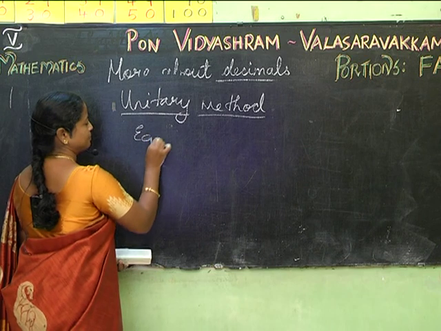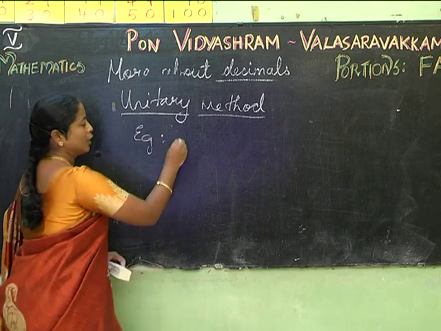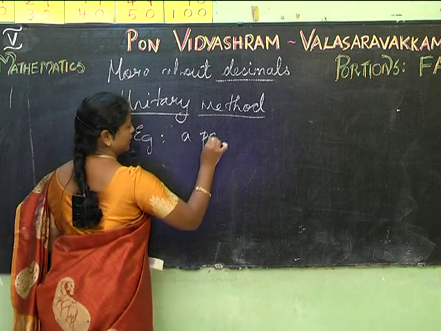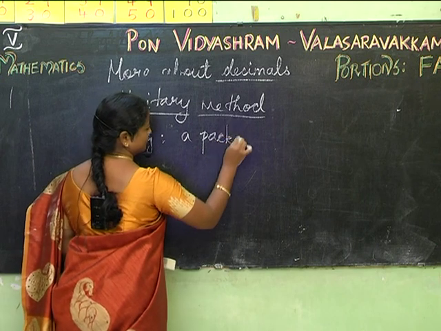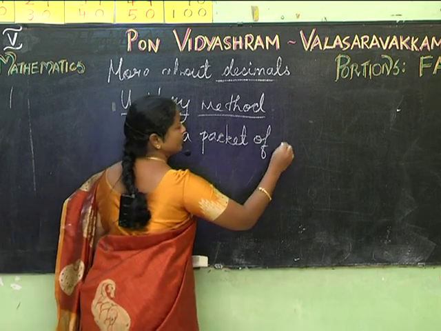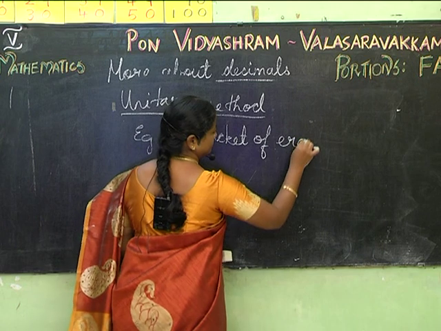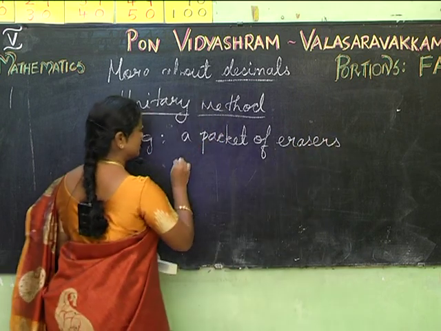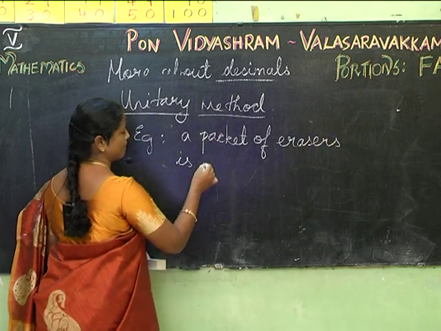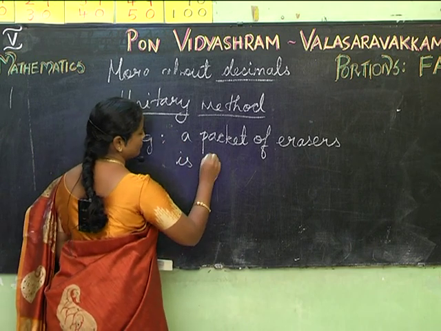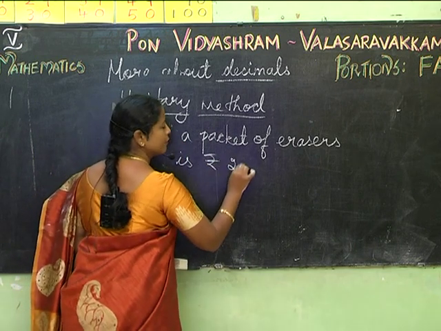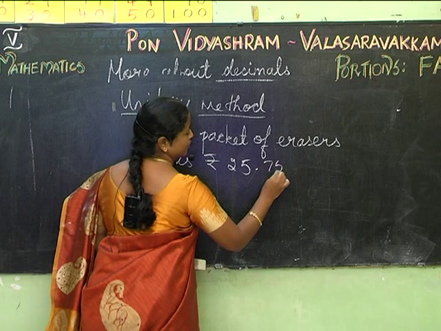For example, a packet of erasers is rupees 25.75.